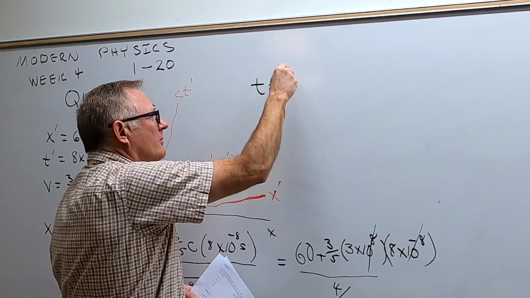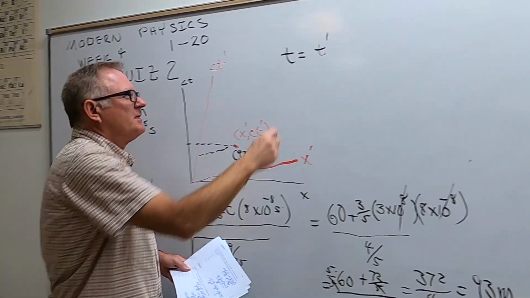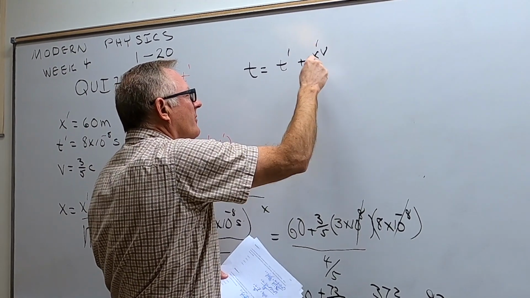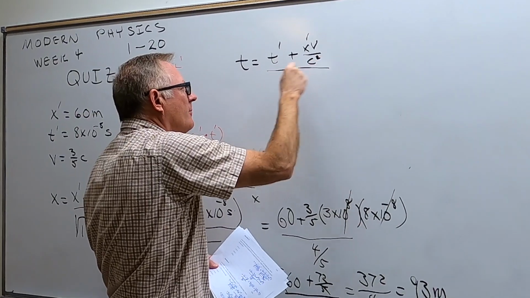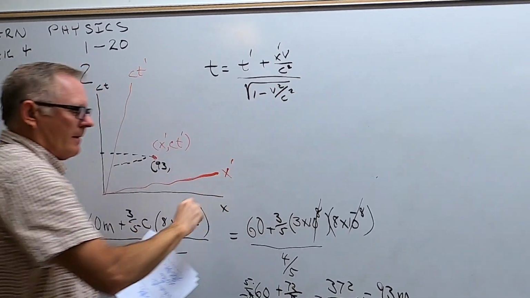t is equal to t prime plus x prime v over c squared, divided by the square root of 1 minus v squared over c squared.